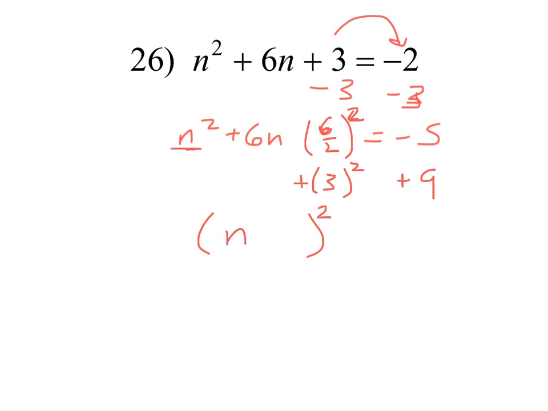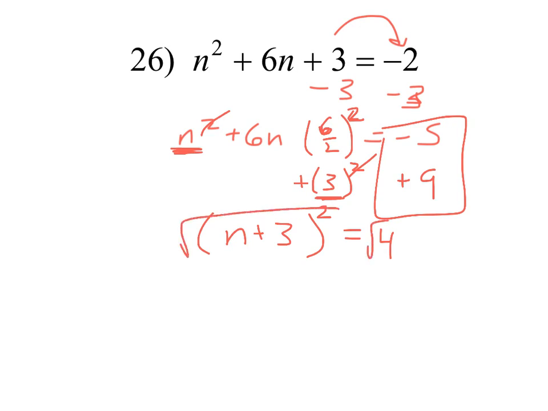So remember, we're just taking the n, but we're getting rid of the squared, and we're just taking this number, but we're getting rid of the squared. n plus 3 is equal to, and now we're going to add these two, 4. What do we do next? So n plus 3 is equal to plus or minus 2.